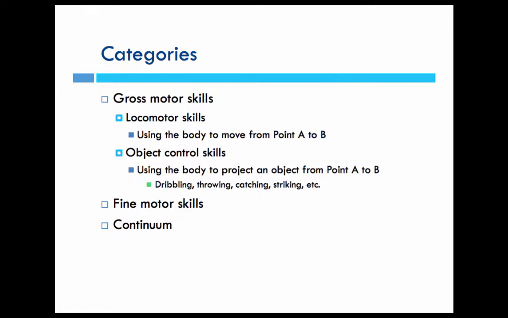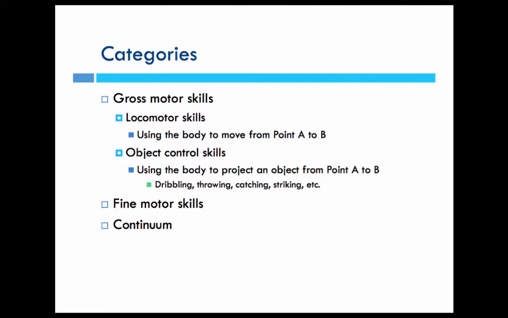So there are a few categories used for skills assessments, and they are gross motor skills, fine motor skills, and skills that are measured along a continuum. The gross motor skills measure the locomotor skills that people use when transporting themselves by running or walking from point A to point B. They also measure object control skills, where they need to project an object from one place to another.